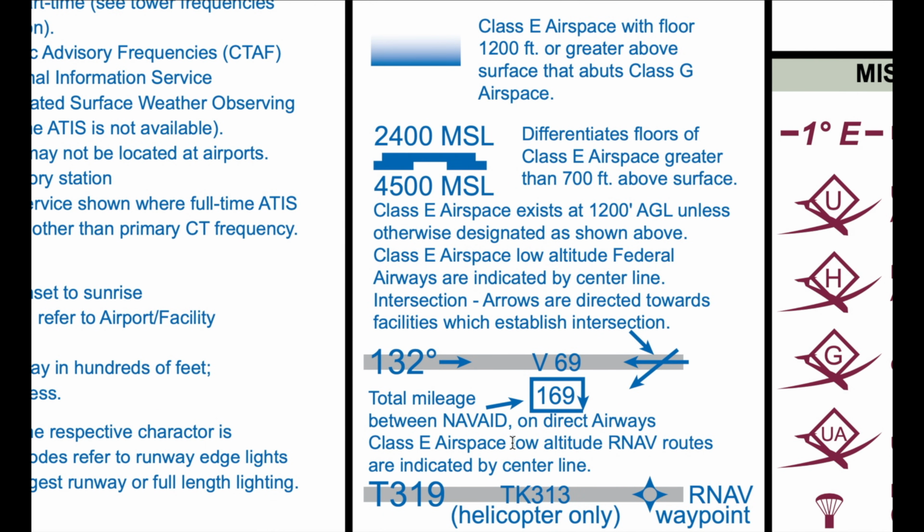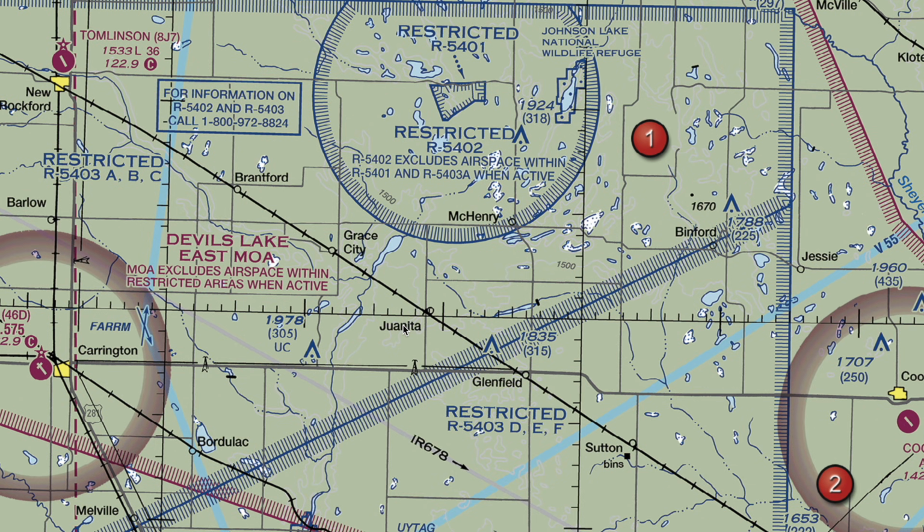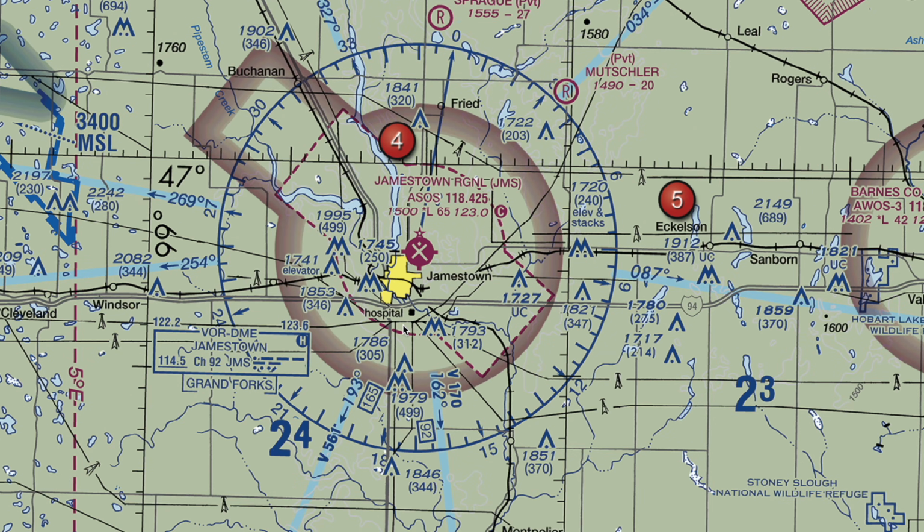Now, do you notice another symbol that's not mentioned too often? It's the one that has the 2,400 MSL and 4,500 MSL. And do you remember when I was showing you the faded blue lines on figure 26? Well, you didn't see the zippered line directly under it. This blue zipper symbol means that Class E airspace will begin at the altitude that is designated next to it. Do you see 3,400 feet MSL?